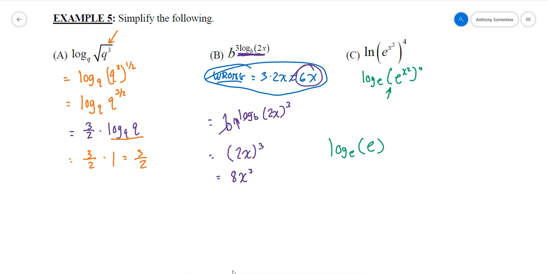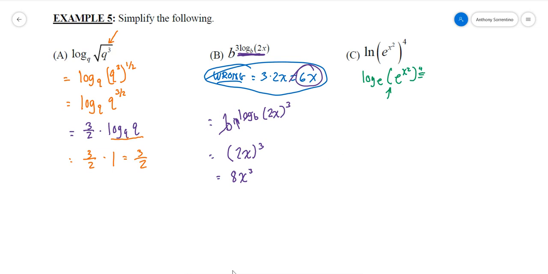Here they are, because I do have this quantity being raised to the 4th power. If I just drop the parentheses, I do not have the same thing. That's where students go wrong with that: they start dropping things too early and they don't handle it correctly.